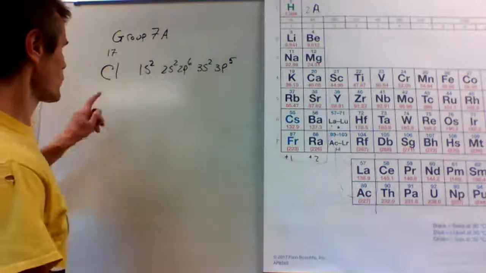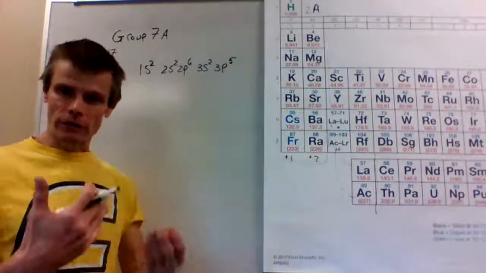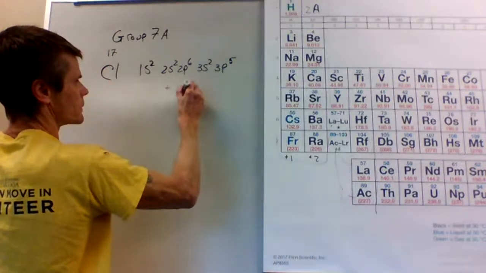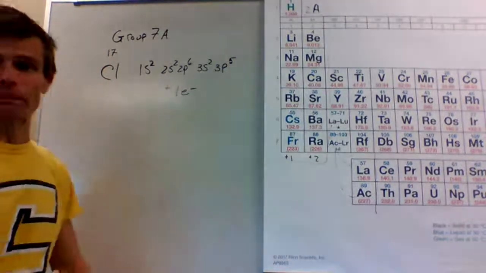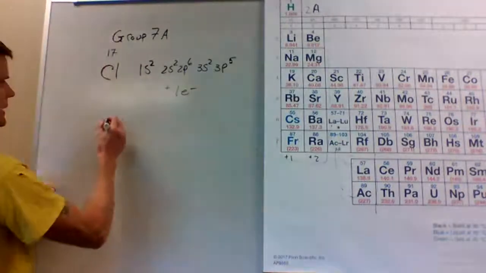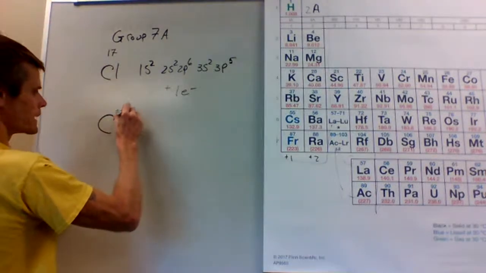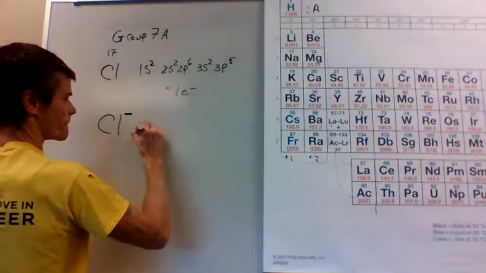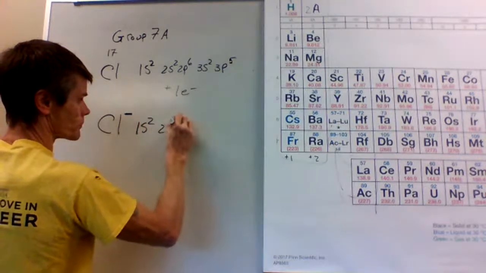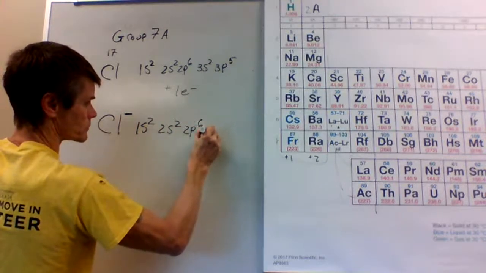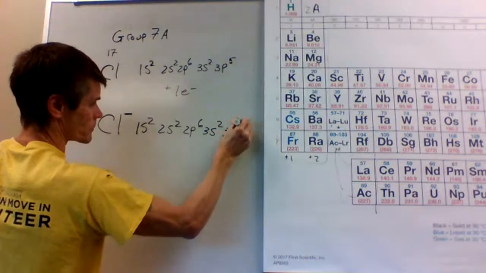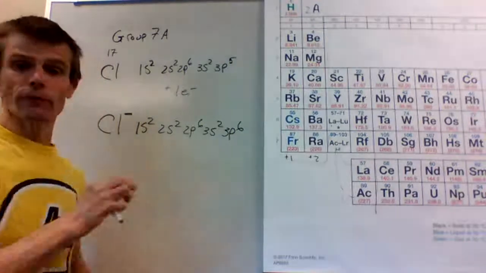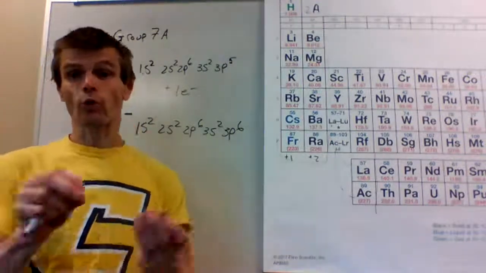So what happens is the chlorine atom has a tendency to pick up a single electron. When the chlorine atom picks up a single electron, we end up with the chloride anion. It's negatively 1 charged. And the chloride anion has an electron configuration that would be identical to argon.